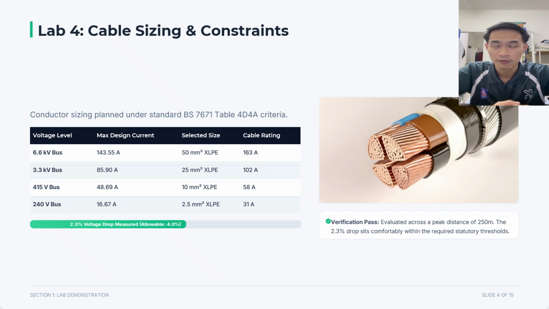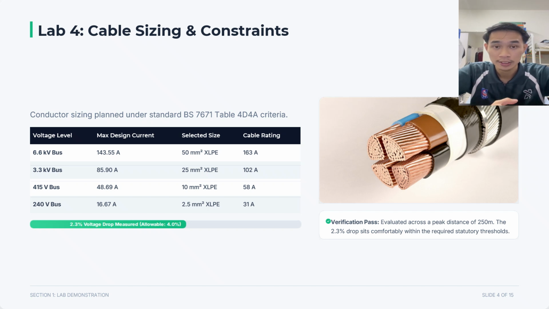For the 415 V level, we selected 10 mm² cables rated at 58 amps. For the 240 V level, we selected 2.5 mm² cables rated at 31 amps.